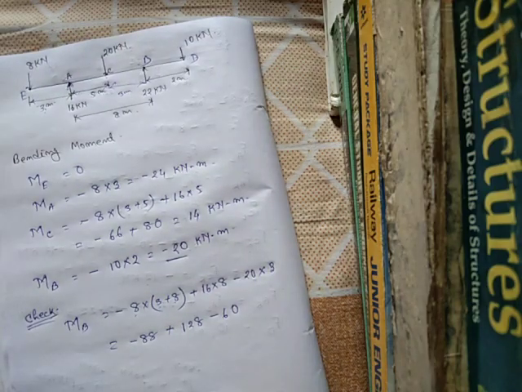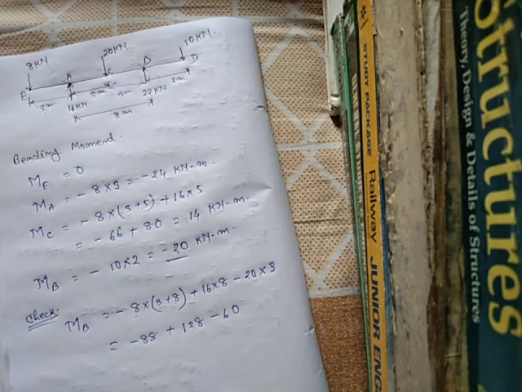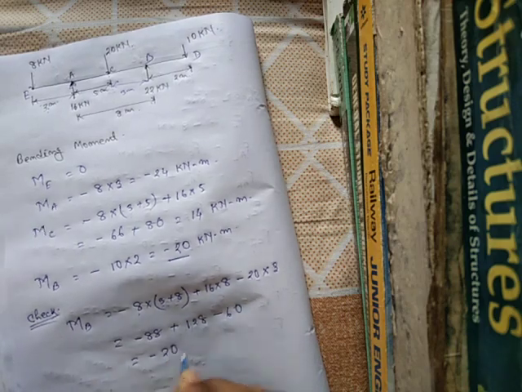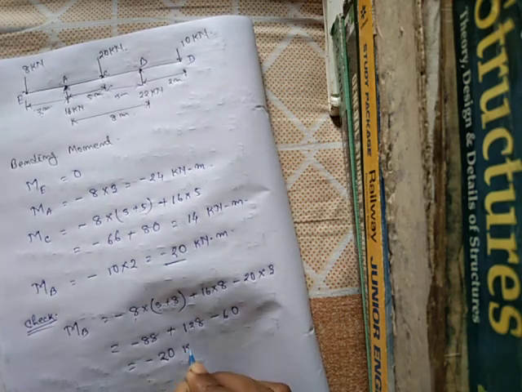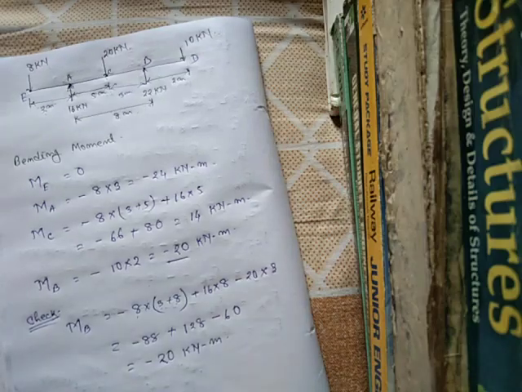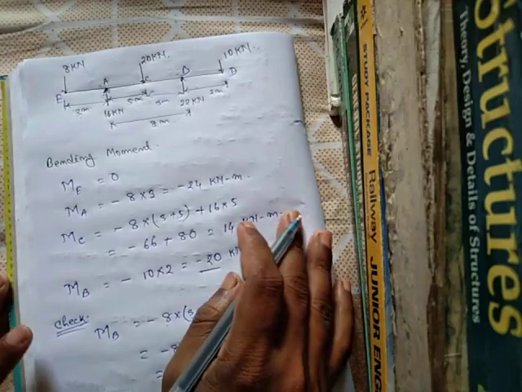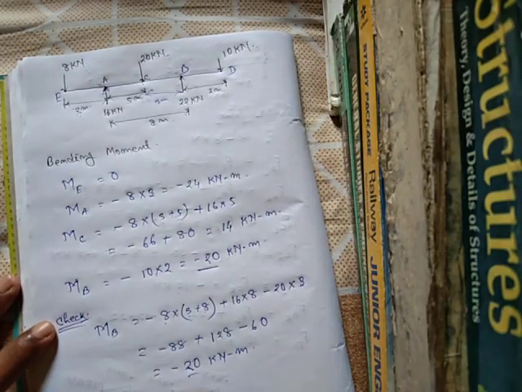Now calculate: minus 88 plus 128 minus 60. It is minus 20 kilonewton meter. So our calculation is perfect.